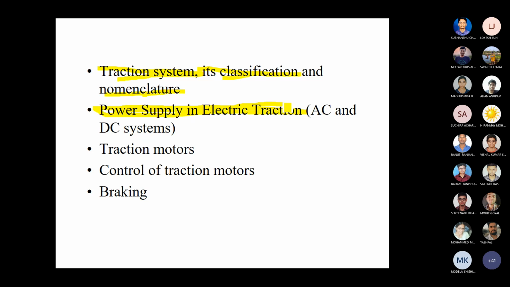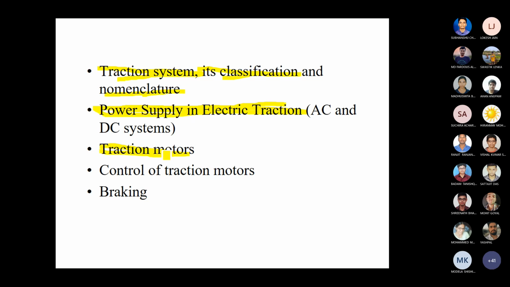Then traction motors. Which motors are important? DC series motors are there, as well as induction motors now being used. There is a basic difference between the DC series motor and the AC motor in overall performance with low maintenance.